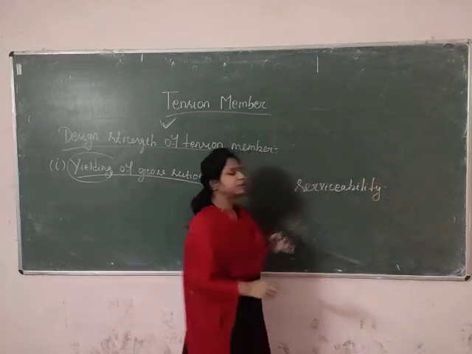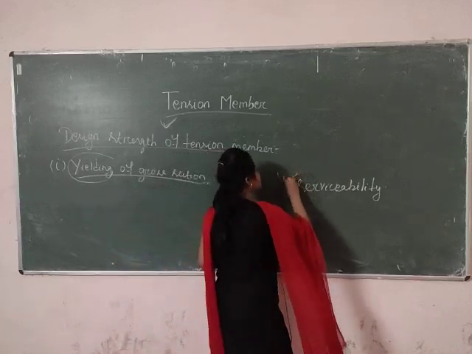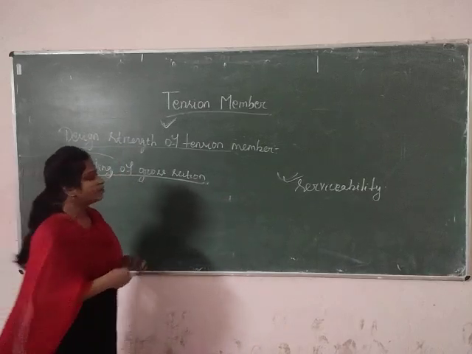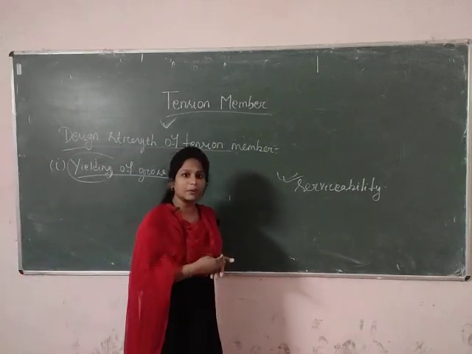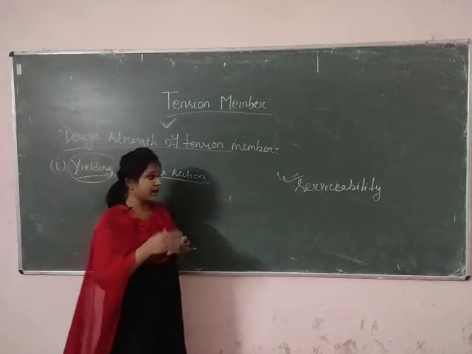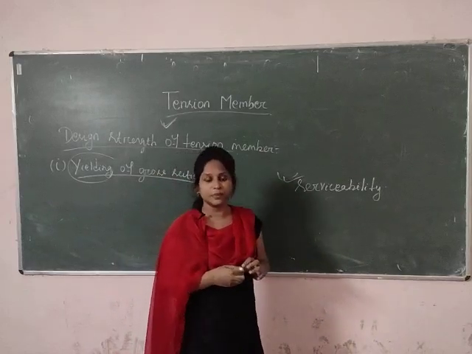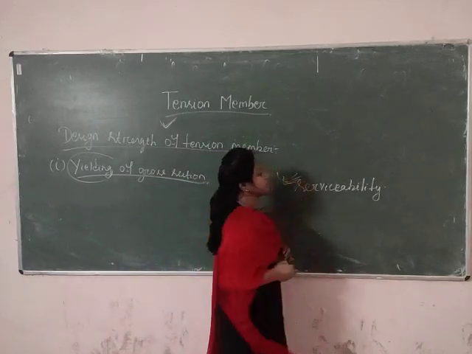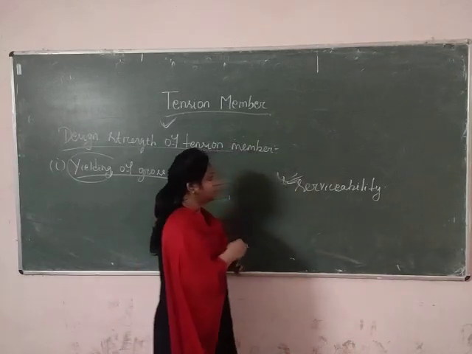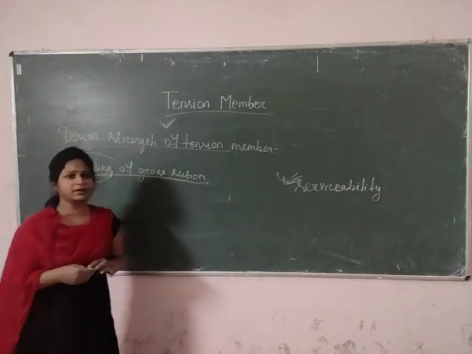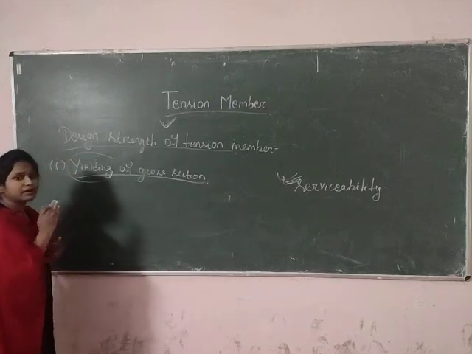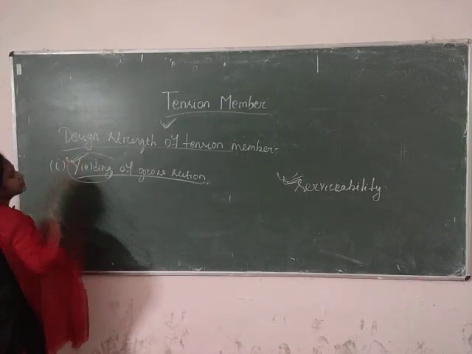Due to yielding, elongation may happen in the member, and if that elongation is too large, we cannot permit that large deformation due to the serviceability criteria. The structure may then not be in a serviceable condition. That is why we limit our strength up to the yield strength.